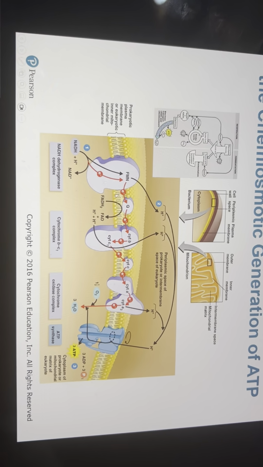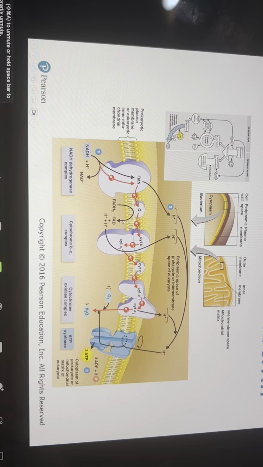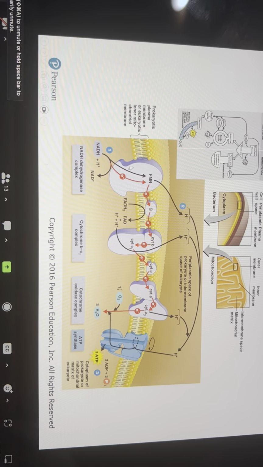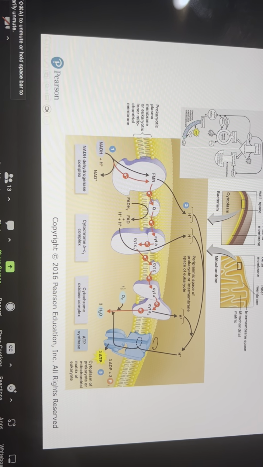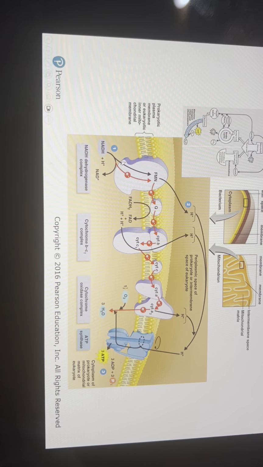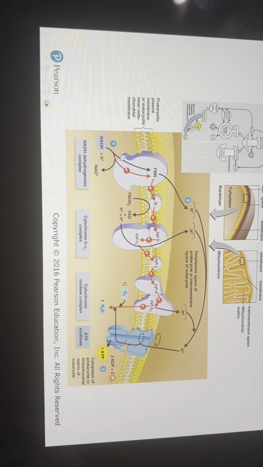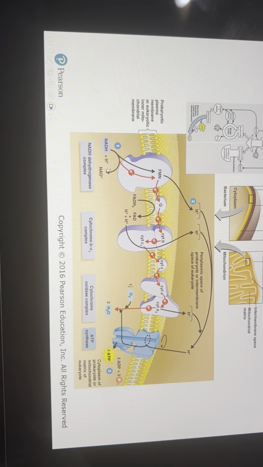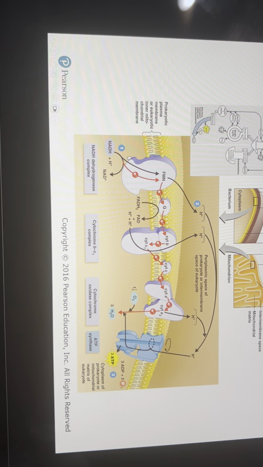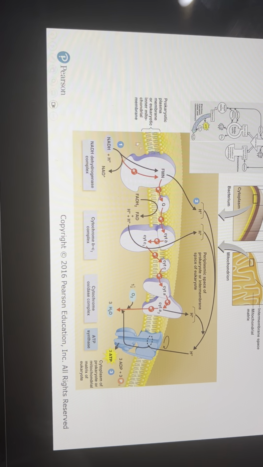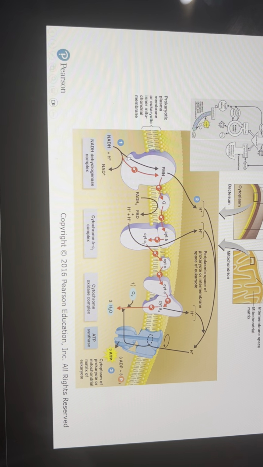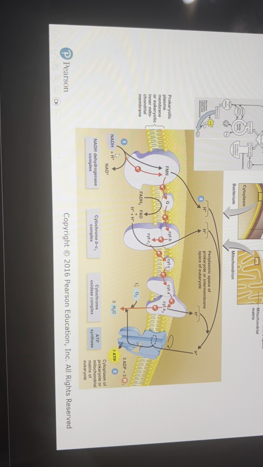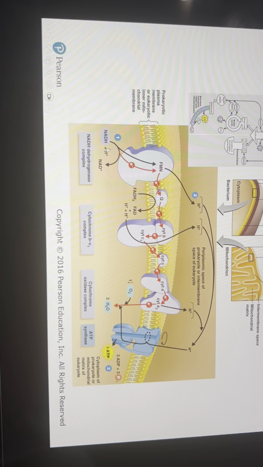So if you've done that study, you realize that the Flearside is a chemical to kill fleas on dogs. The Flearside is a non-competitive inhibitor of this complex, which means it's going to bind at the regulatory site, and the site where NADH is supposed to bind, it cannot bind anymore.